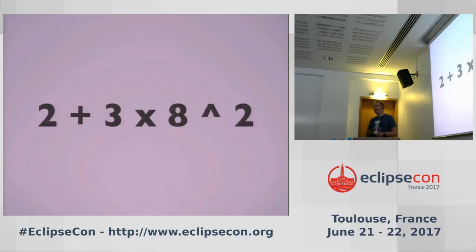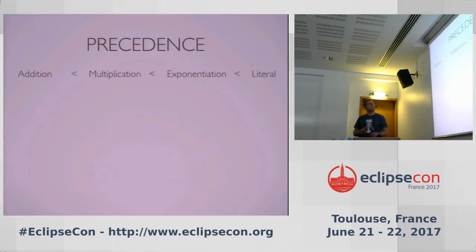Let's make it a little bit more complicated. We don't only have sums, but different kinds of expressions with different precedences. So in this case, we have an addition, multiplication, exponentiation, and literals, and they are ordered in these priorities.